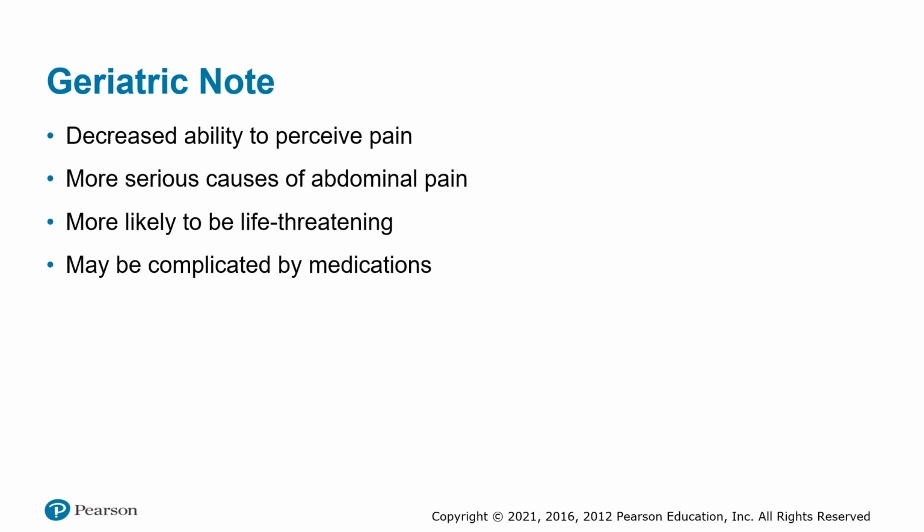On a geriatric note, these patients can have a decreased ability to perceive pain because their nerve pathways are decreased and degenerating, so they may not be able to perceive pain as well. They may have a more serious cause of abdominal pain, and it is more likely to be life-threatening, and it may be complicated by other medications.